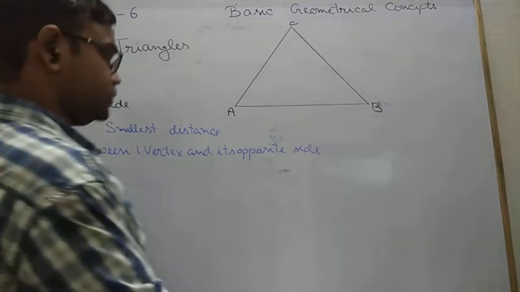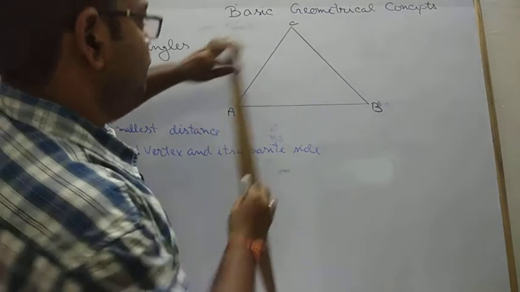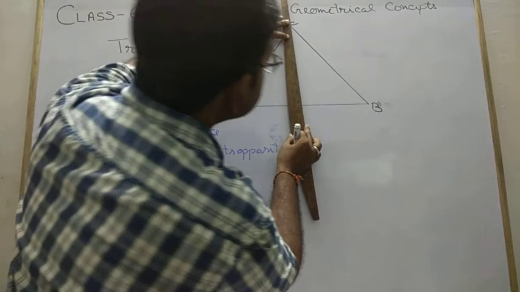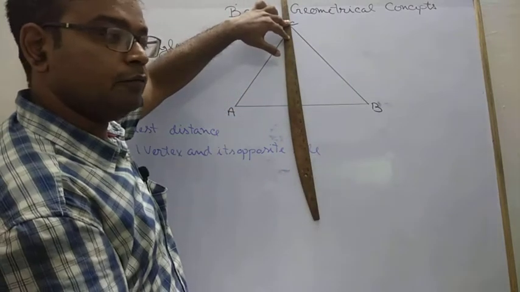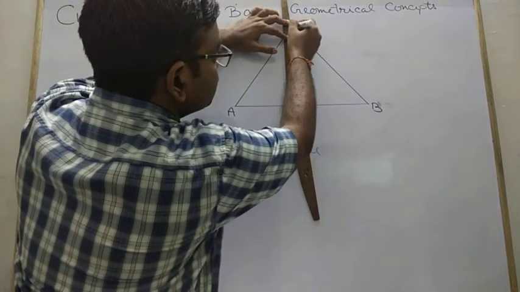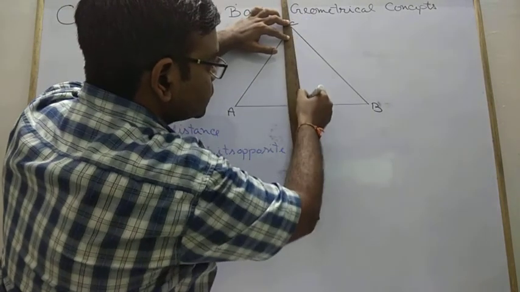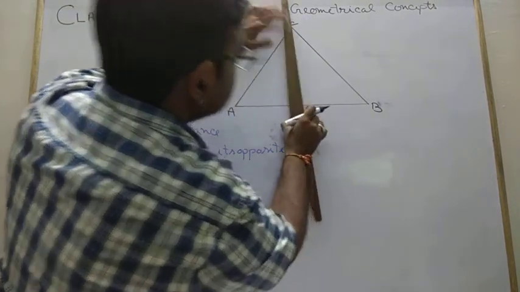If we use this figure, the shortest distance is always at a 90-degree angle, perpendicular, but we do not discuss the angle, so it is the shortest distance.